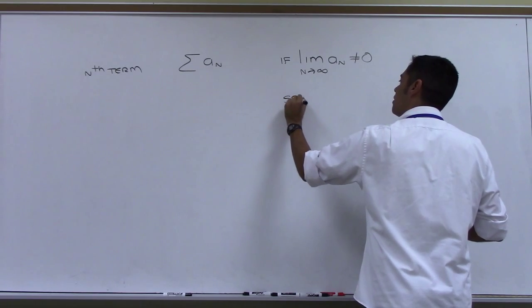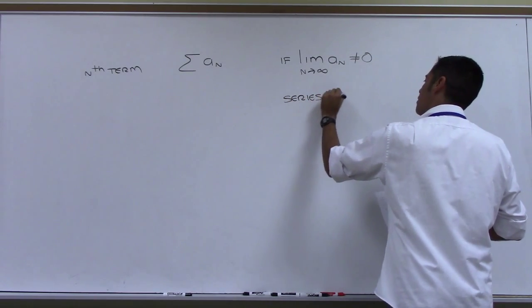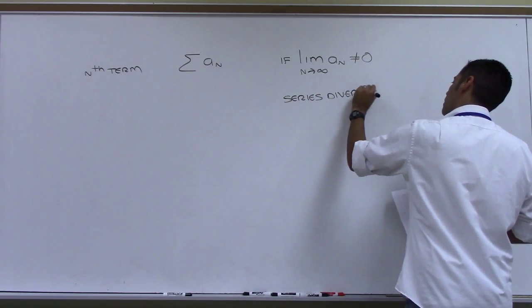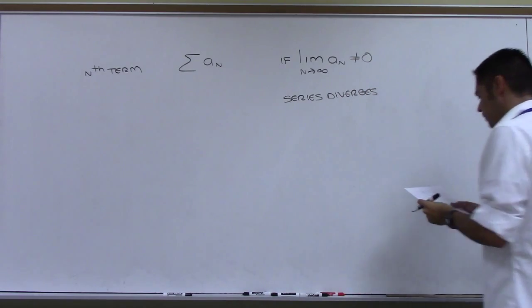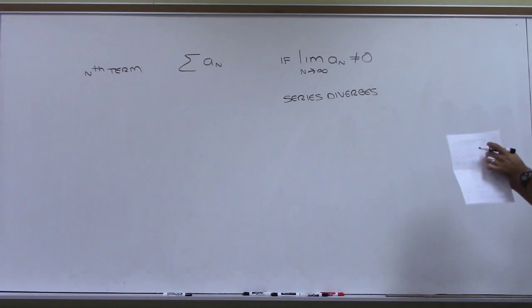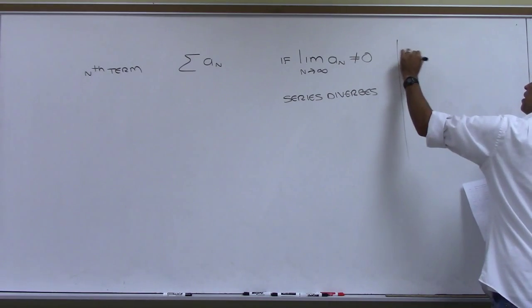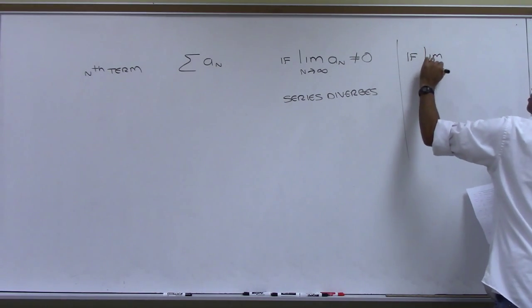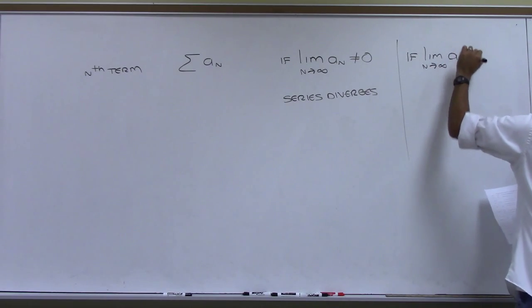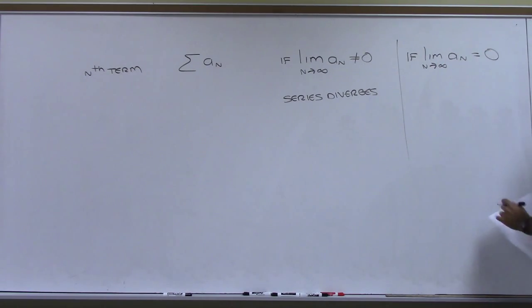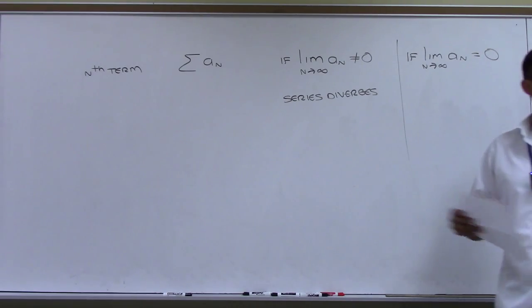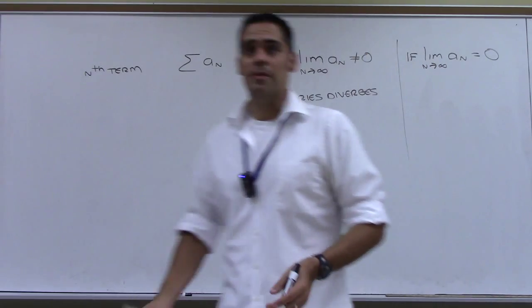The series diverges. And then there's a comment section on the side that says, if the limit as n goes to infinity of the sequence is 0, what? It's an inconclusive test, which means you don't know anything about what happens.